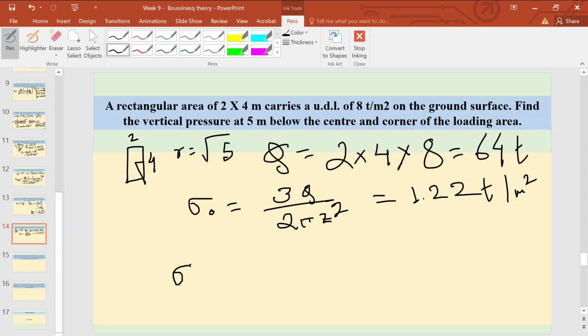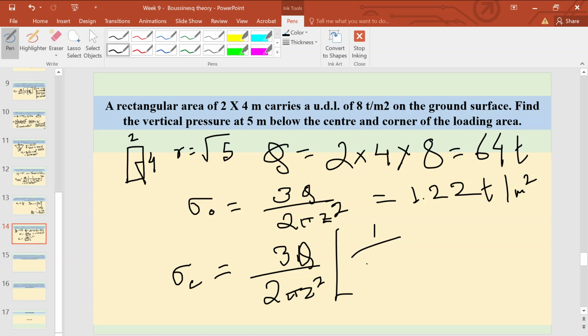And at the corner, the main formula, 3q divided by 2 pi z square, into 1 divided by 1 plus r by z whole square whole to the power 5 by 2.